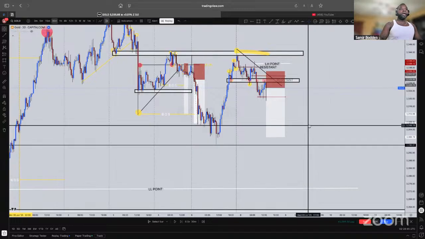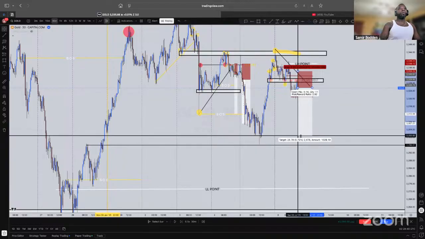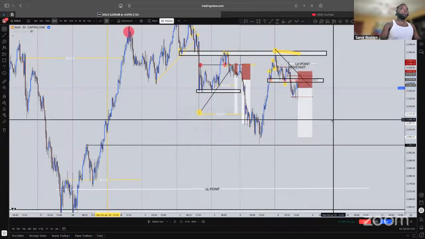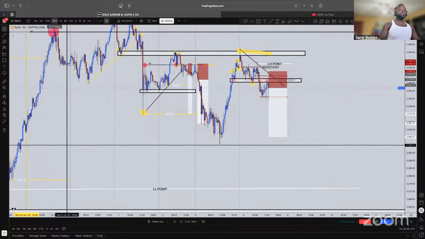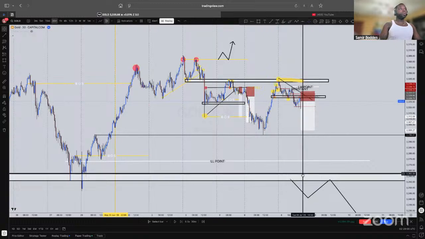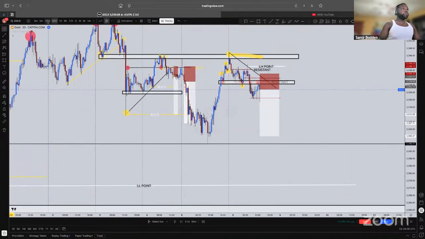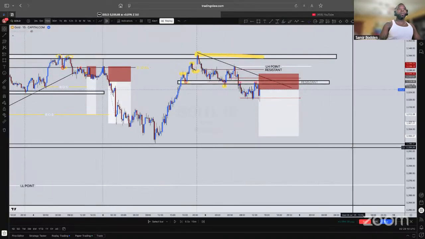We're not looking to extend it or expect the market to drop all the way down here. We're looking for the market to drop right back to the low where it was, or close to the low, and show me that it could give us something nice. Because if we expect price to drop all the way back down to the lower low on the H4 time frame, excuse me, and we hold through that, there's a probability that we could take a loss. Not a loss, but we could give back a lot.